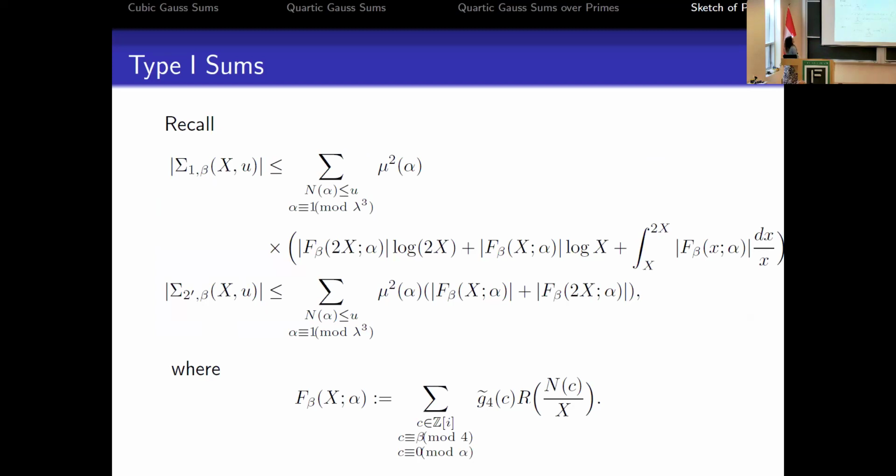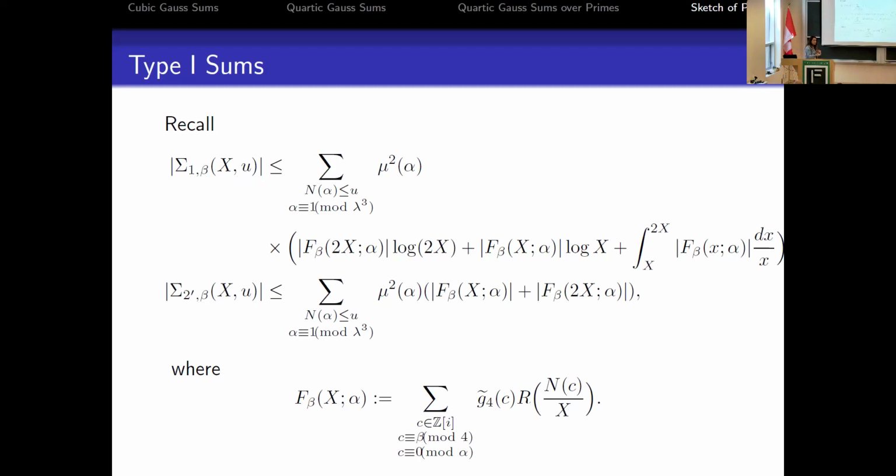Okay, so now for type 1 sums. Usually in Heath-Brown's work for cubic Gauss sums, the intricate part was dealing with the type 2 sums because he had to prove a cubic large sieve inequality in order to deal with them. So that was the most involved part of his work.